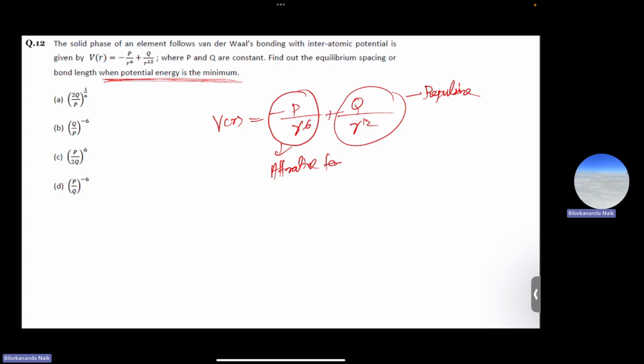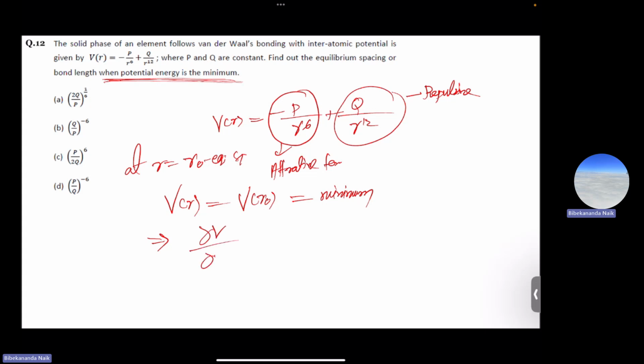So the question says find out the equilibrium spacing or bond length when the potential energy is minimum. Here the variable is r. For minimum potential at r equals r0, that is the equilibrium spacing, V(r) equals V(r0), which is minimum. That implies dV by dr at r equals r0 is equal to 0.